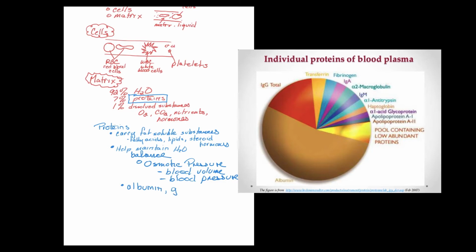We'll get into those when we talk about the blood vessels themselves. So here's the albumin, the globulins, and the fibrinogen. And that has to do with blood clotting, fibrin, fibers, that kind of thing.